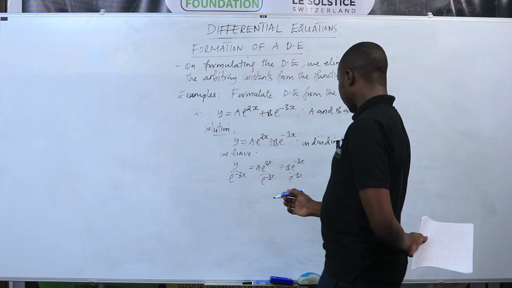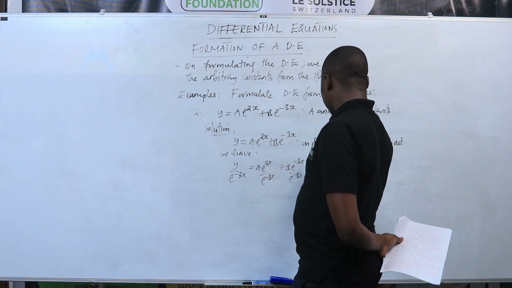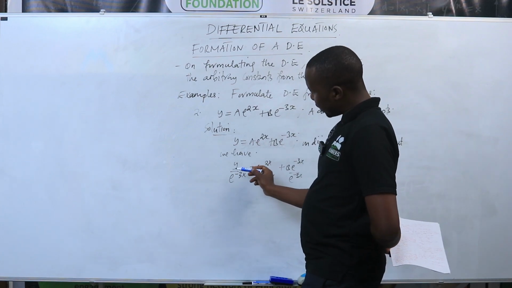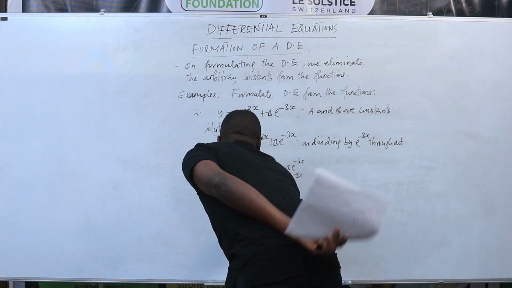So from here, this one and this one go, and here it becomes y.